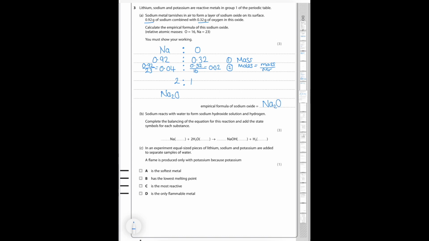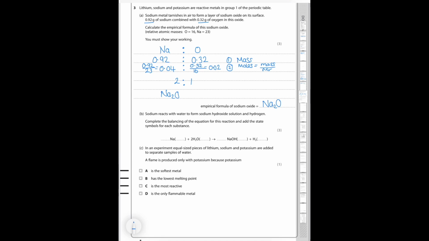Now for part B, sodium reacts with water to form sodium hydroxide solution and hydrogen gas. Complete the balancing of the equation for this reaction and add the state symbols for each substance. So the brackets is for us to add the state symbols, and the dotted lines beforehand is for us to balance out.